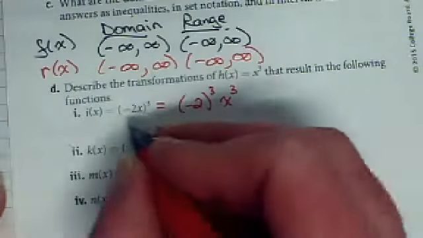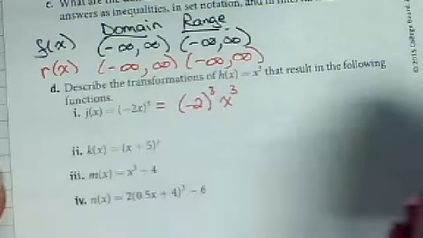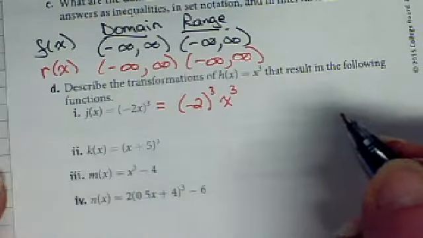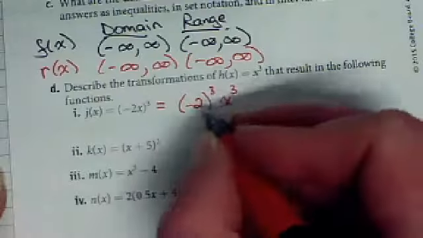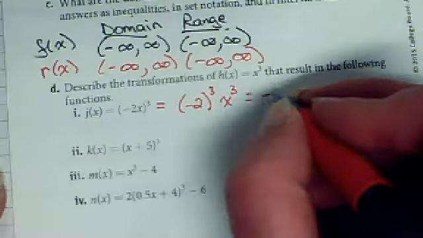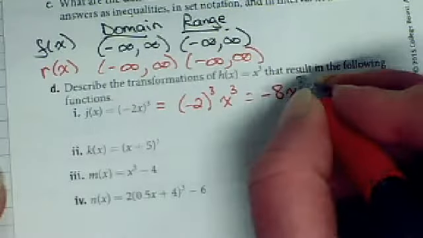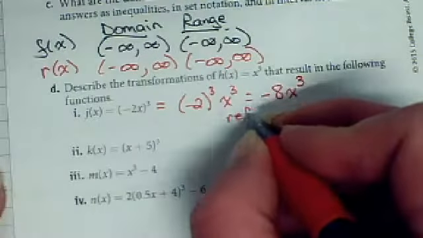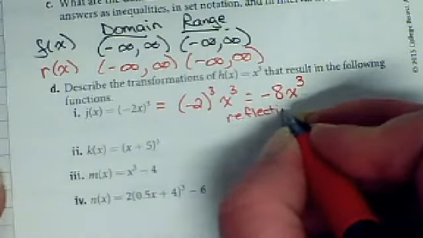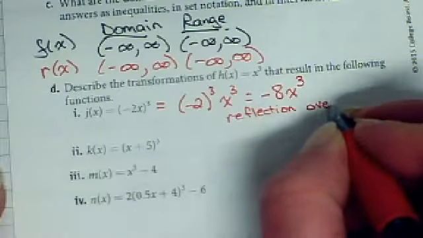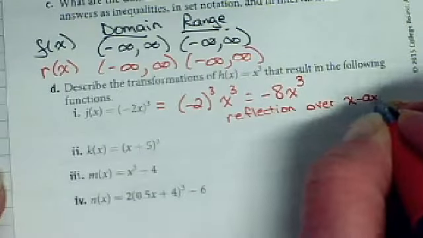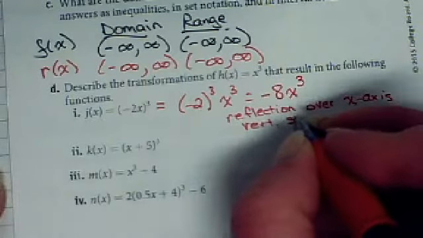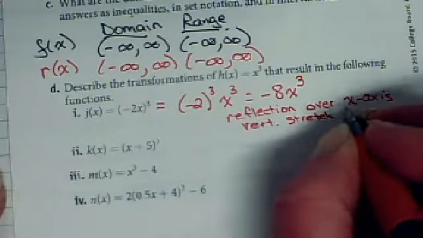Now notice I can do that because this is multiplication inside, and exponents are repeated multiplication. -2 cubed would give me -8. So it's negative, so you have a reflection over the x-axis. And a vertical stretch by 8.